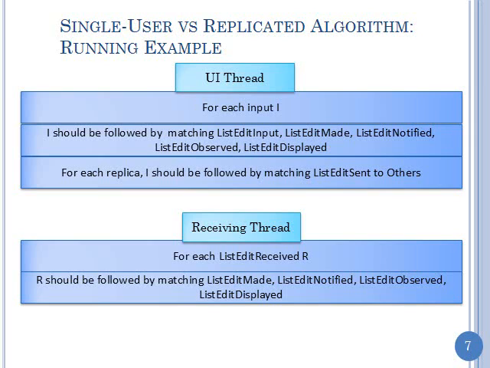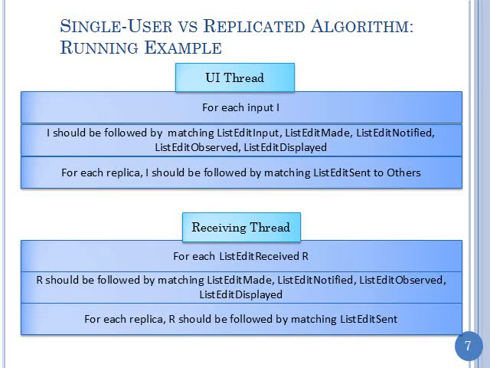Now here's a danger. Should I do a list edit sent after this? In this case, the list edit displayed got followed by a list edit sent to others. Should the receiving thread do this? No, because you would get into a loop.